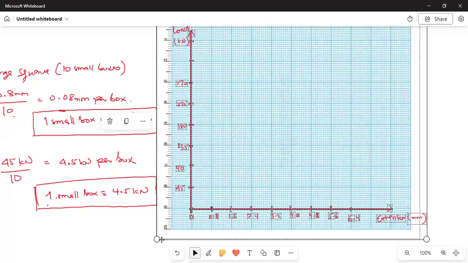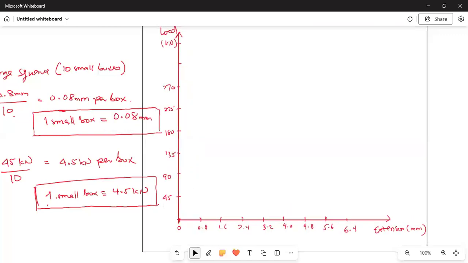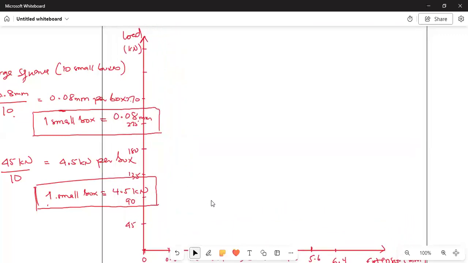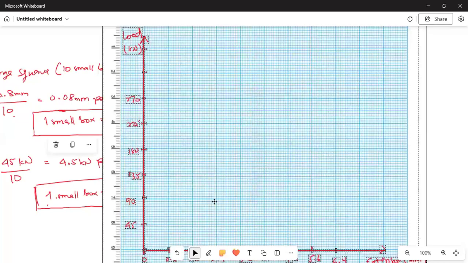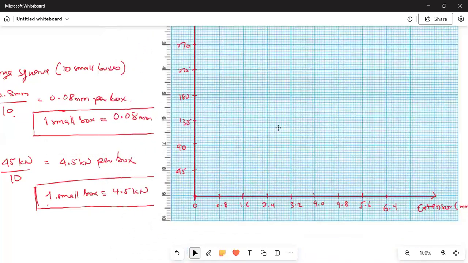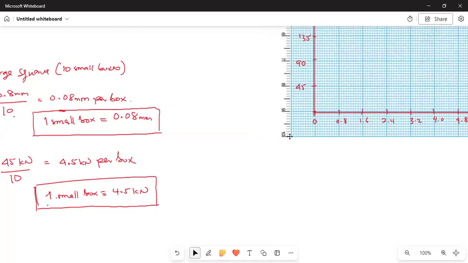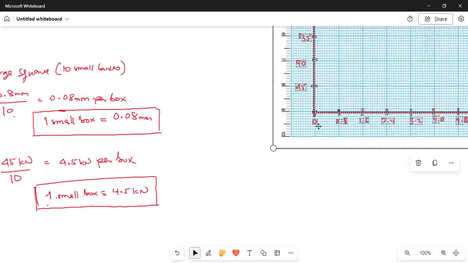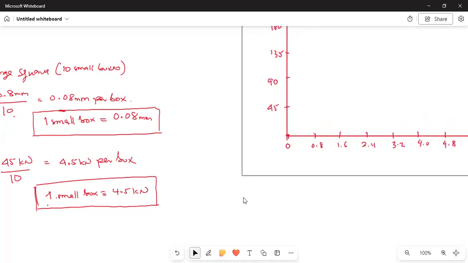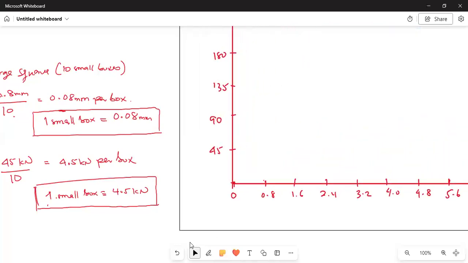So here, I only have to enlarge my graph while we are about to plot. I still want to make it bigger so that at least everybody can see. Good.